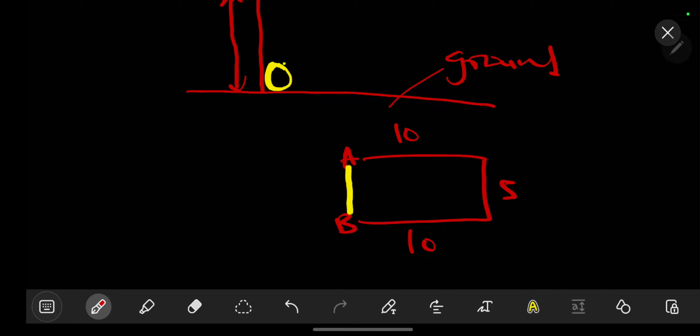To find the displacement, you don't have to add 10 plus 5 plus 10, which will give us 25. You will just have to account for this distance, which is 5 meters. So this is our displacement. We are just interested in the initial and the final position.